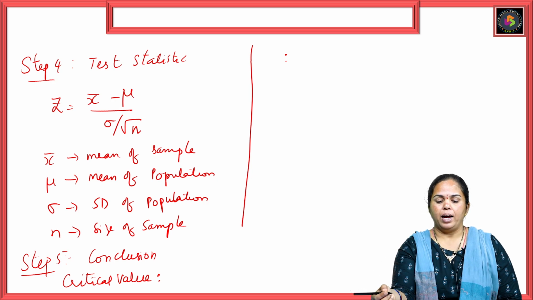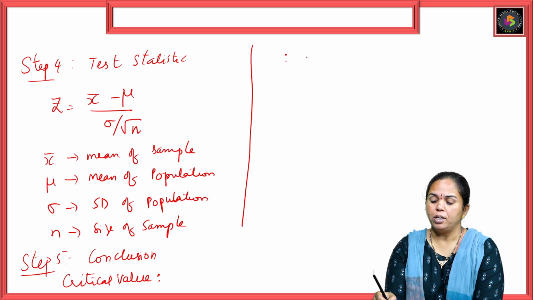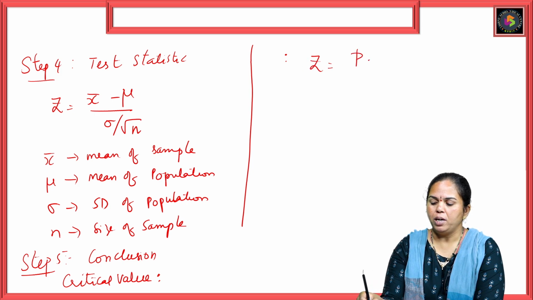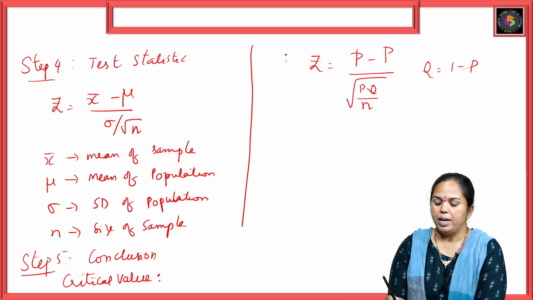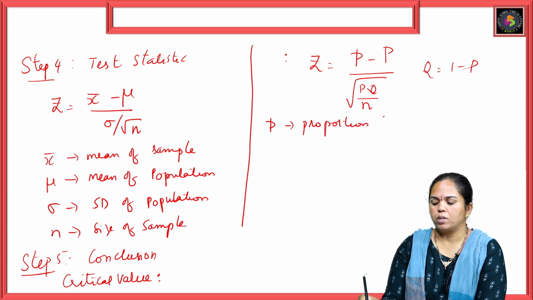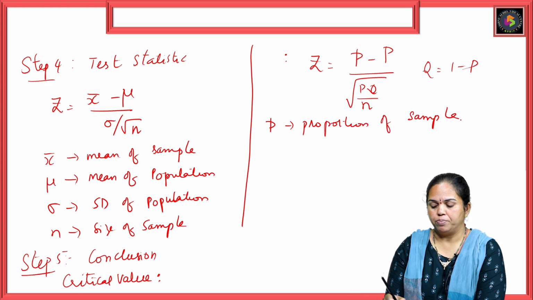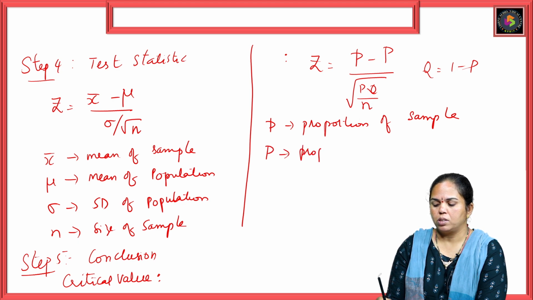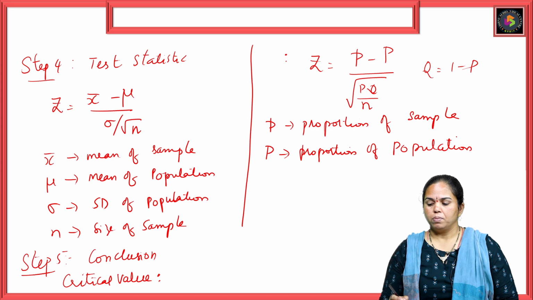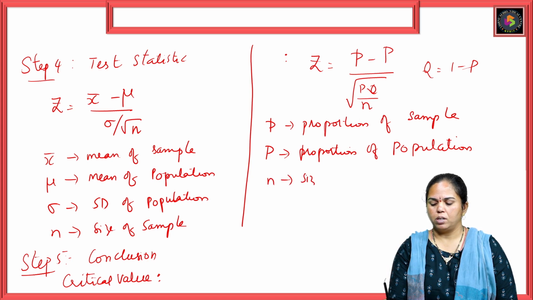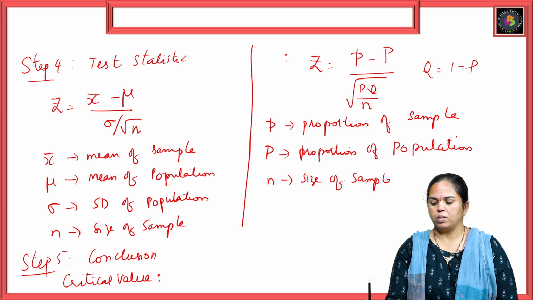hypothesis H naught. And coming to the test statistic of proportion, Z equal to small p minus capital P by square root of PQ by N. Here Q equal to 1 minus capital P. Here small p denotes proportion of sample, capital P denotes proportion of population, and N denotes size of sample.